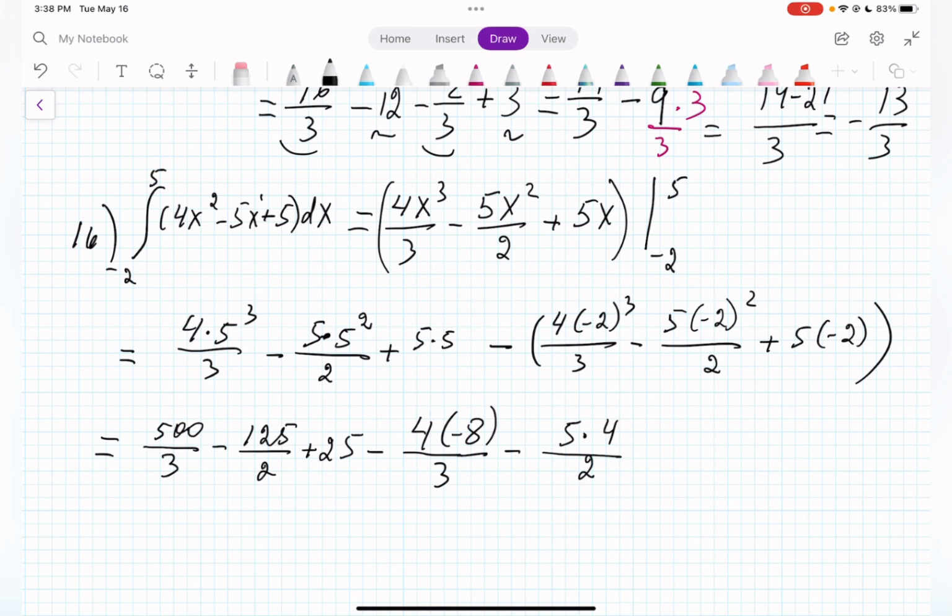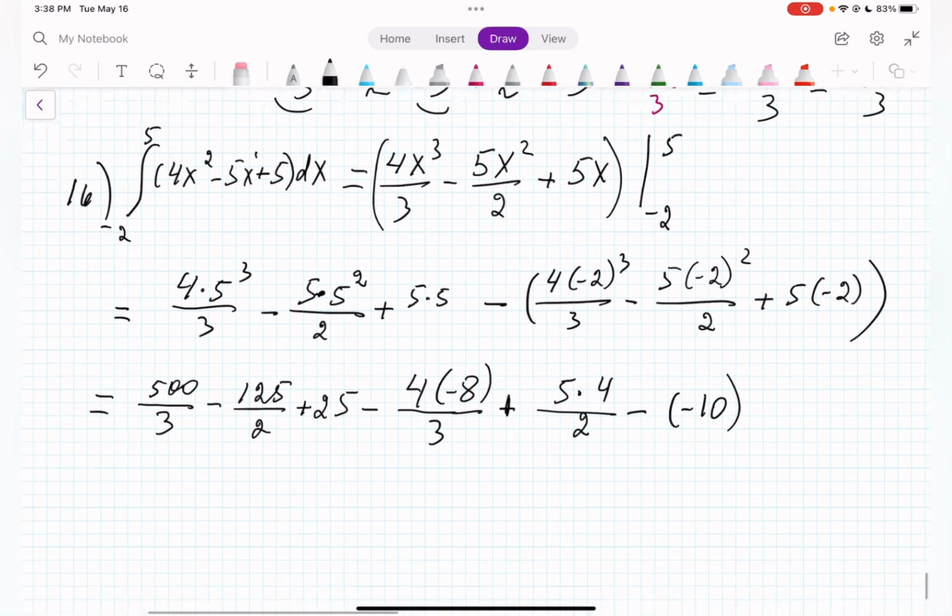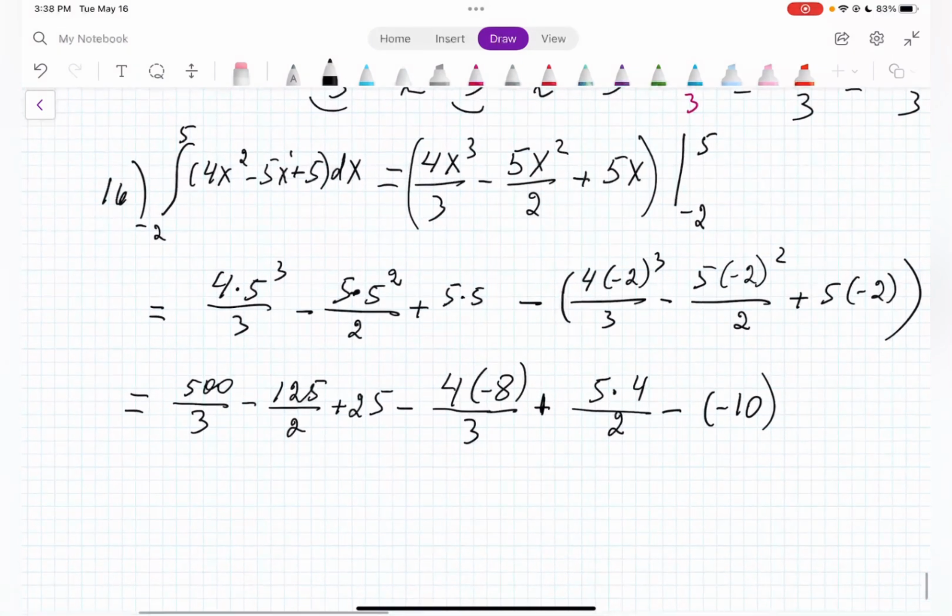And, oops, I'm sorry, we are opening parentheses, so it's going to be plus. And minus here, so hold on, we are going to get minus -10. Yes? Let me double check. 4 times -8 over 3 plus 5 times 4 over 2 and minus 5 times -10.